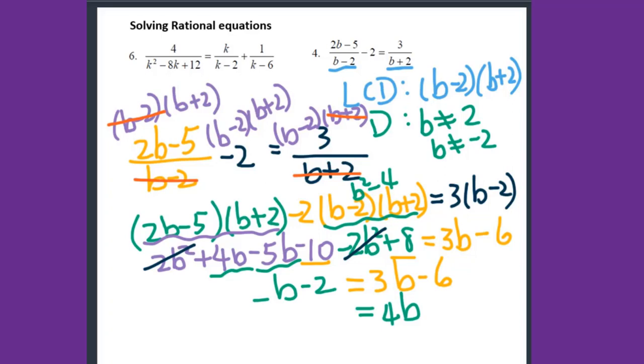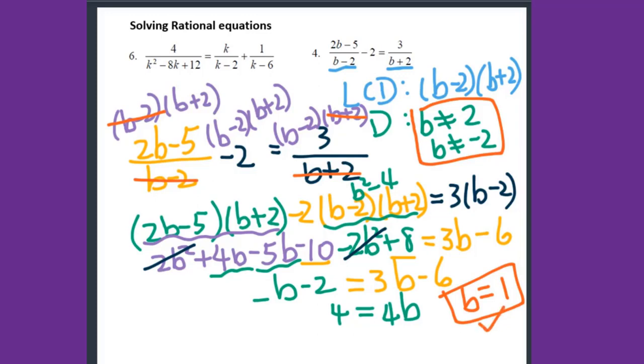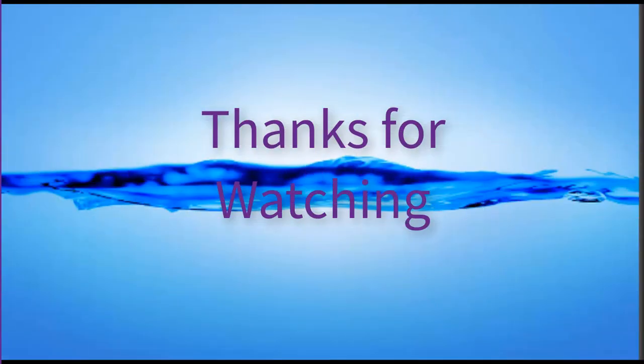Then add 6 to both sides, you get 4. Therefore, dividing by 4, you will get b equals 1. Then check the domain. The domain is b cannot be positive or negative 2. In other words, b equals 1 is the solution to this equation.